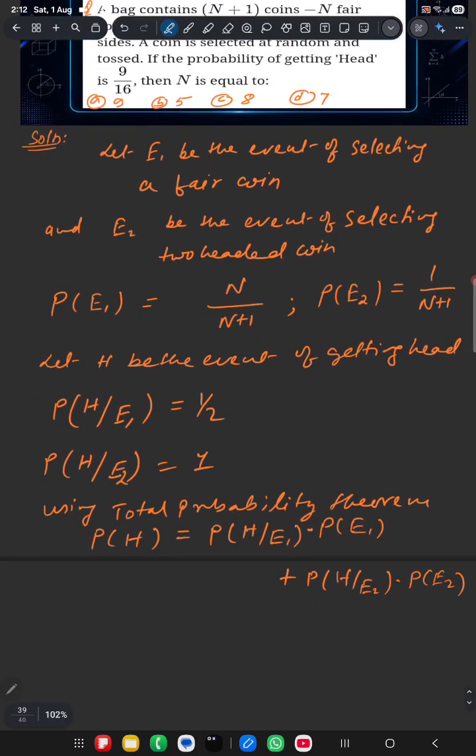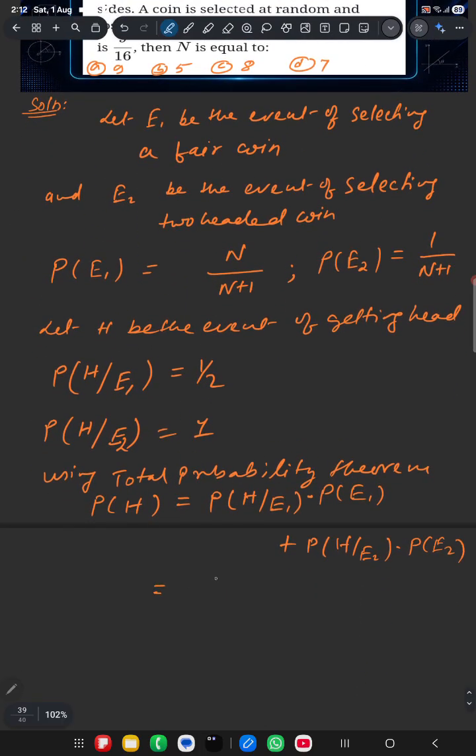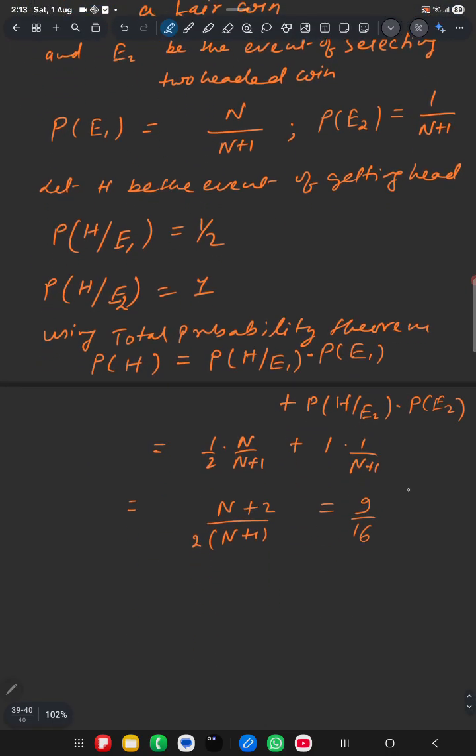So P(H|E1) is half and P(E1) is n by n+1, plus P(H|E2) is 1 and P(E2) is 1 by n+1. So you are getting (n+2) by 2(n+1), and this is given according to your question as 9/16.